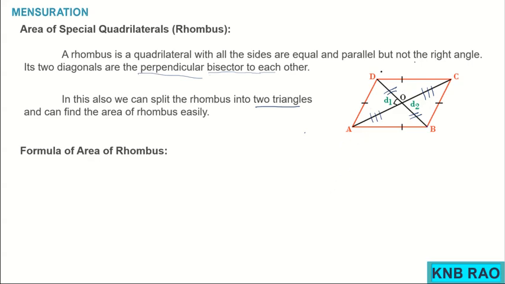You know, we have got a right angled triangle here, here, here and here. One way I will say that OD is half of D1 and OC is half of D2, because O is the midpoint, right.